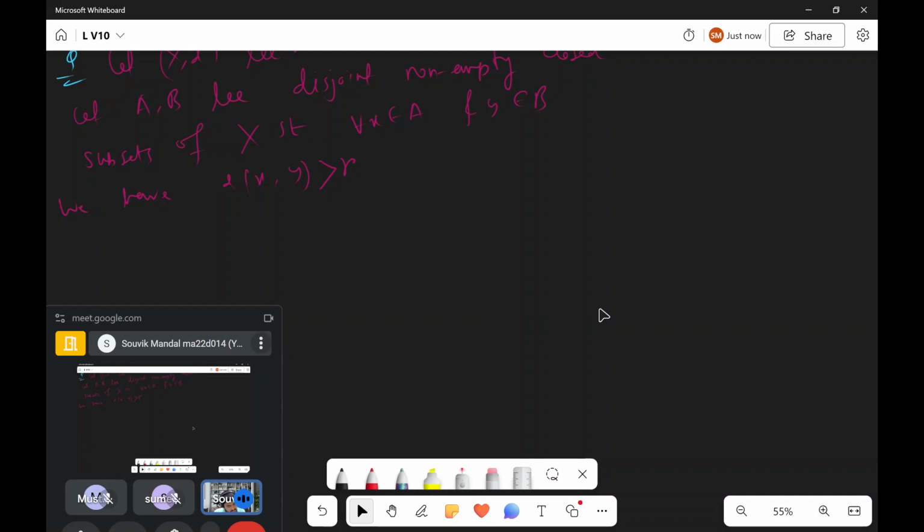Sorry, it's my mistake. Let (X, d) be a metric space and let A and B be disjoint closed subsets of X such that B is compact.